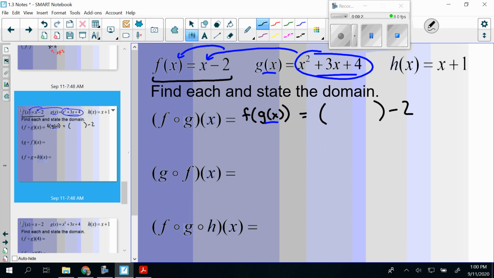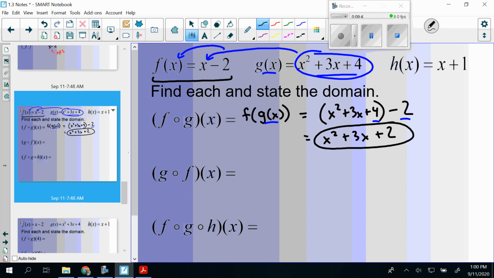So the x gets replaced with x squared plus 3x plus 4. Now to simplify that, all we got to do, it looks like, is combine our two like terms here. There's nothing to distribute on this one, so it would just be x squared plus 3x plus 2. That would be the composition of those two functions.